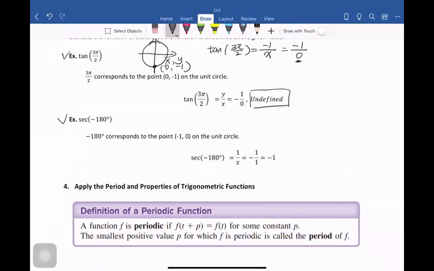Okay, next one, secant of negative 180 degrees. So find the point. Negative 180 is here because we're going in this direction.